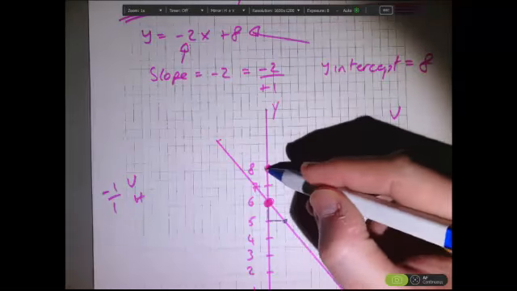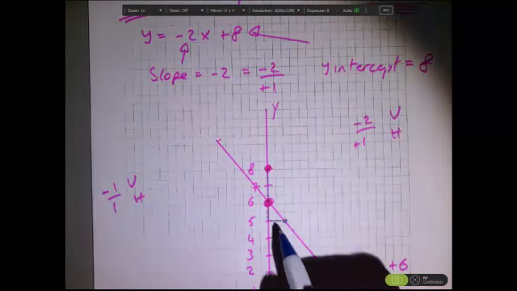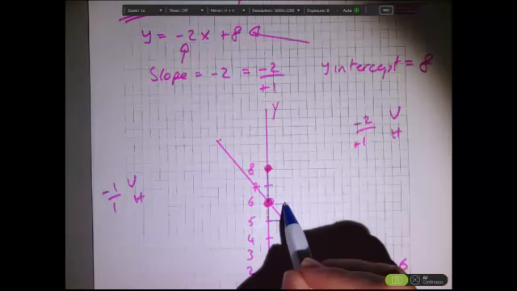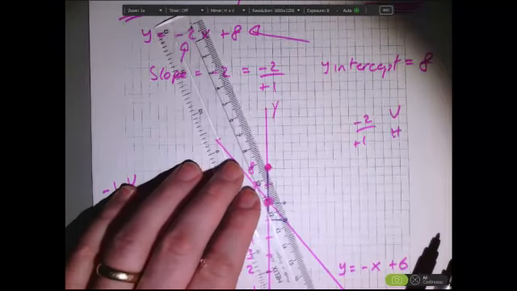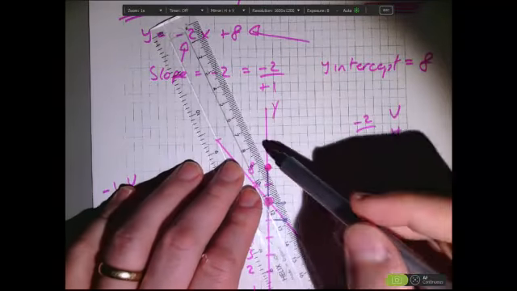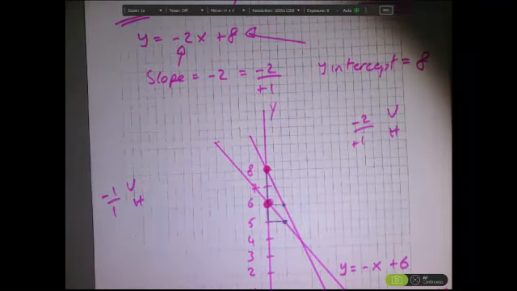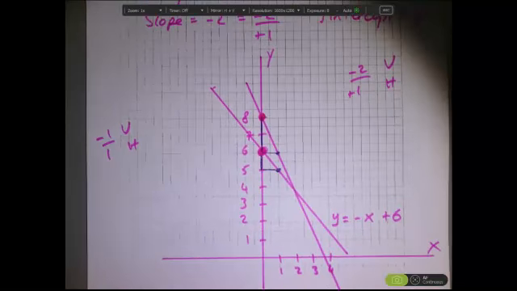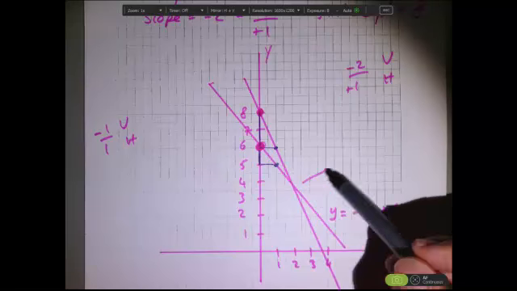So I'm starting at 8, I will travel down 2 units, that will bring me to 6, and across 1 unit, that will bring me to here. Now that I've got my start point and my finish point, ruler goes down, run your line straight through them. And you can see that when you've got the two lines drawn, you can read off their point of intersection.